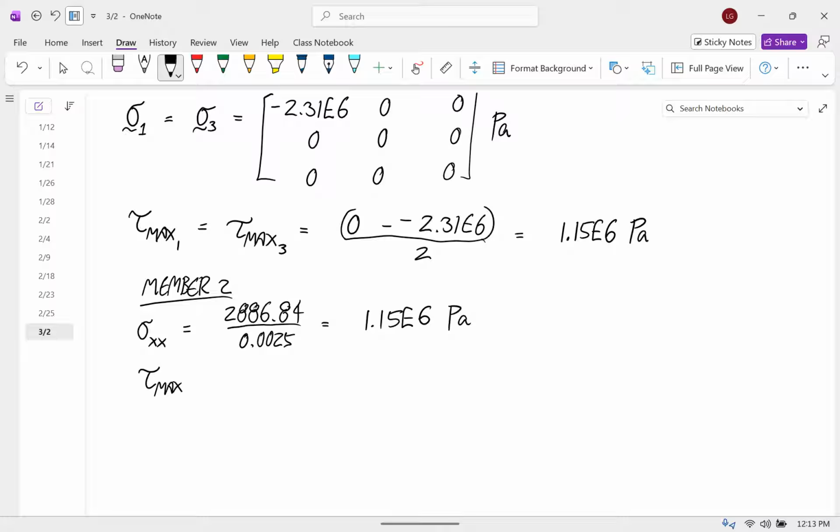And tau max is same thing again, just 0 minus, nope, this is the maximum this time. So 1.15 times 10 to the 6 minus 0 divided by 2. And so you get 0.577 times 10 to the 6 pascals.